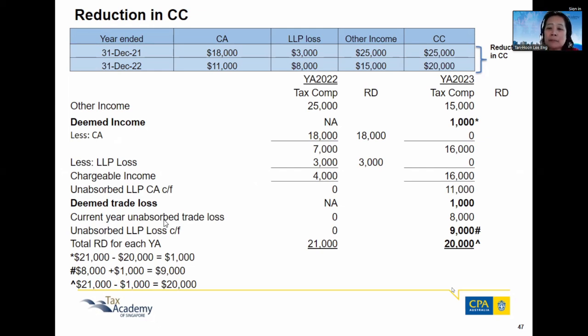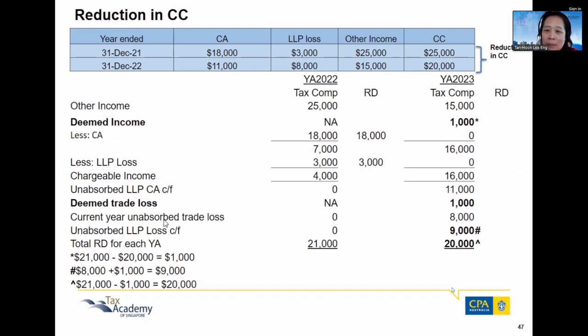Come YA 2023. The earlier example shows that it stays at 25,000, but this example shows that the CC has reduced from 25,000 to 20,000. So there's a reduction in CC.